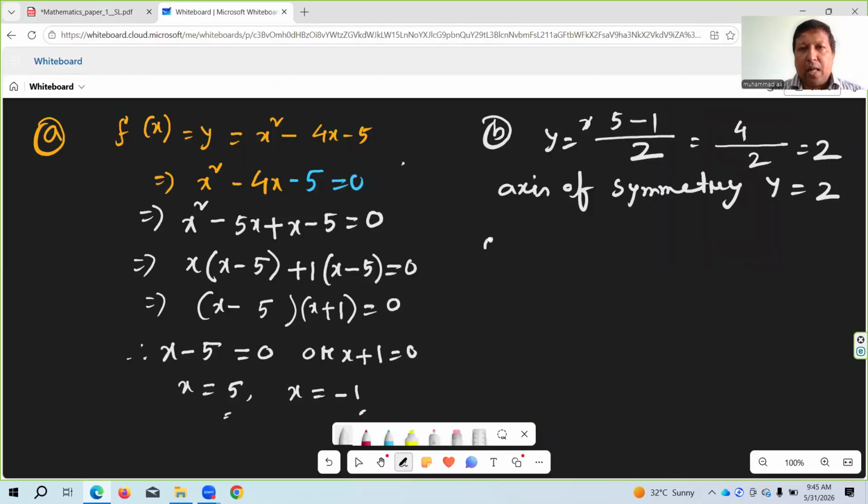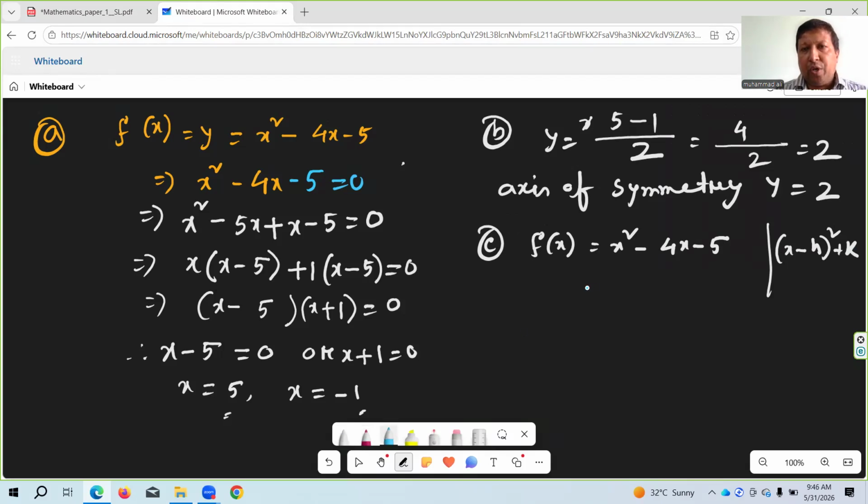Here our function is f(x) equals x squared minus 4x minus 5. If we want to write this in the form (x minus h) whole squared plus k, we have to do completing the square. So x minus the x coefficient divided by 2, that means 4 divided by 2, whole squared, minus 4 divided by 2 whole squared, and minus 5.